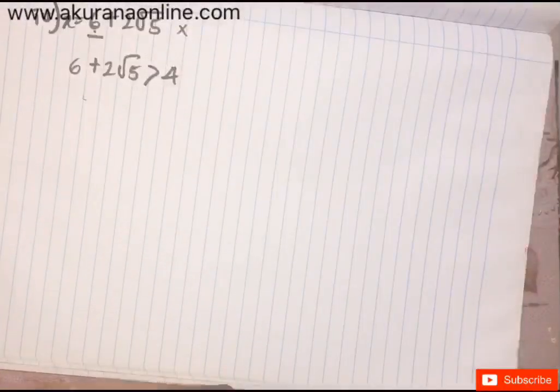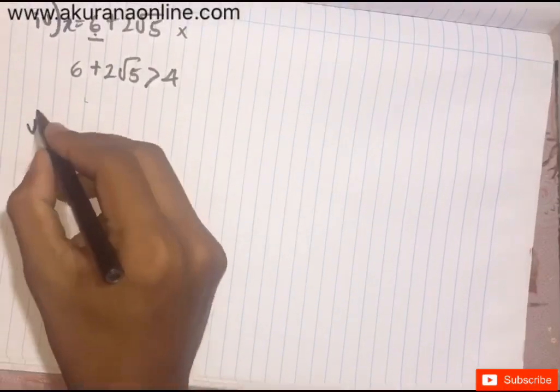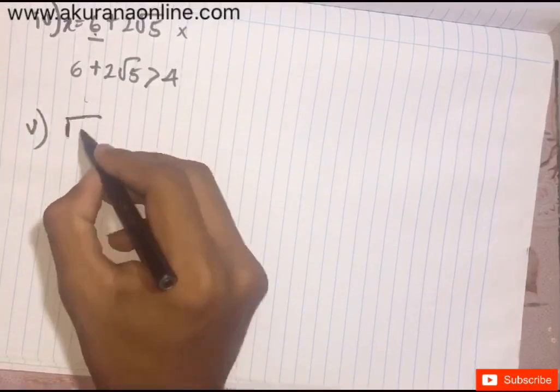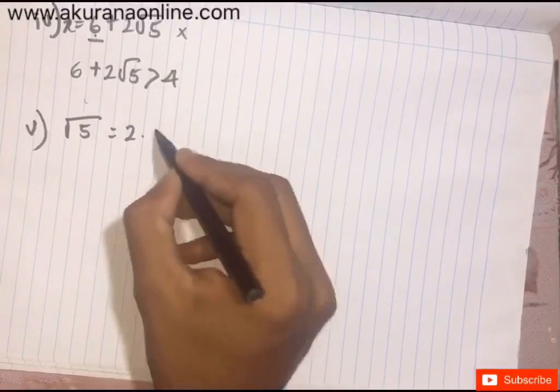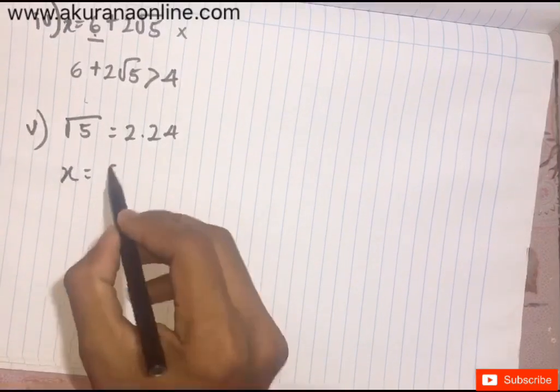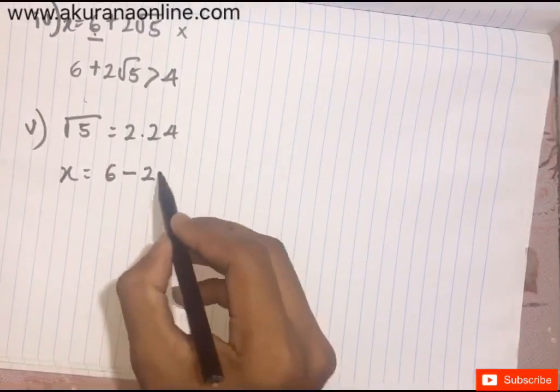Okay, and the last part: by taking root 5 as 2.24, you have to solve and get the value of x. So it's simple. The only possible answer is 6 minus 2 root 5.